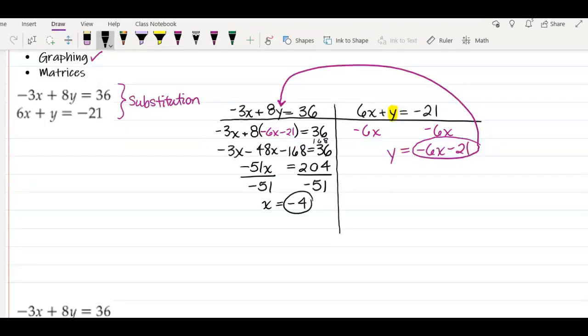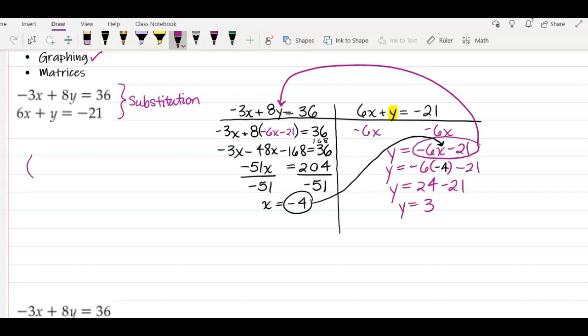Now we're going to take this and put it back into the other equation for x. We're substituting again. Negative 6x minus 21. When I put a negative 4 in for x, y equals 24 minus 21, so y equals 3. This literally means that if I were to graph these two lines, they would intersect at the point negative 4, 3.